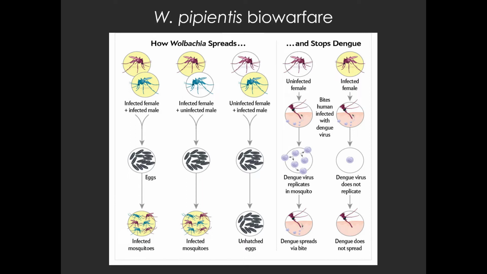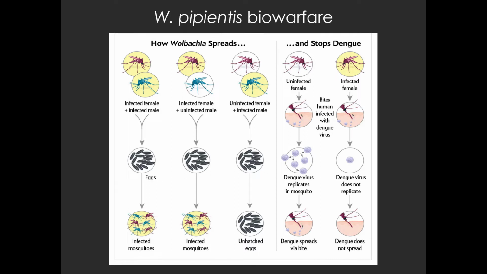And the answer lies in the fact that mosquitoes, for the most part, cannot be co-infected with a virus when they have already been infected with Wolbachia, and also due to the fact that infection with Wolbachia affects the fertility of mosquitoes.